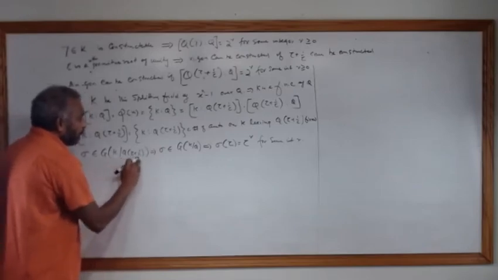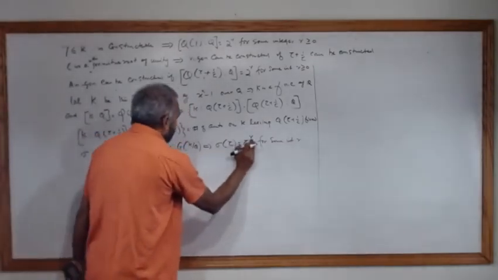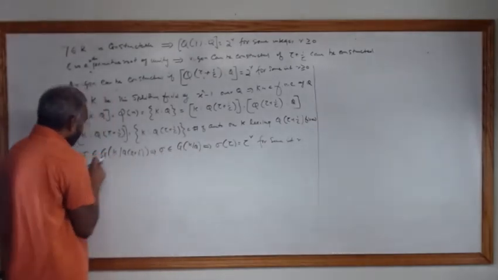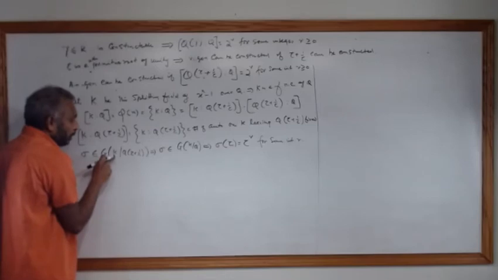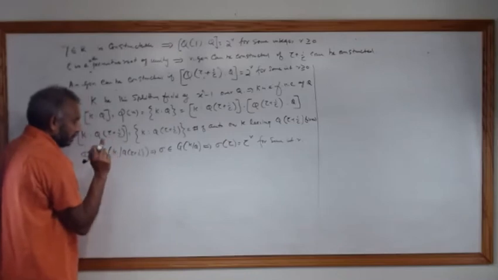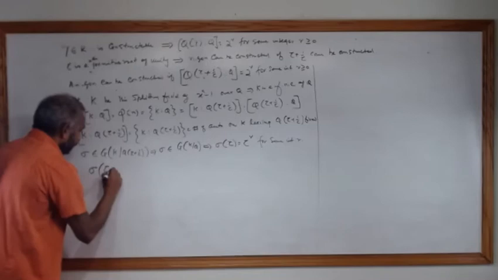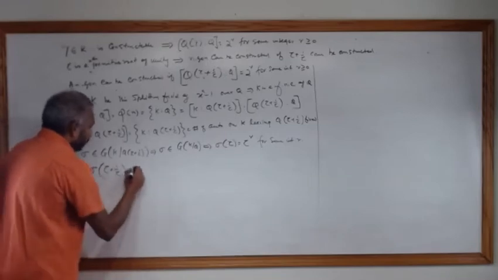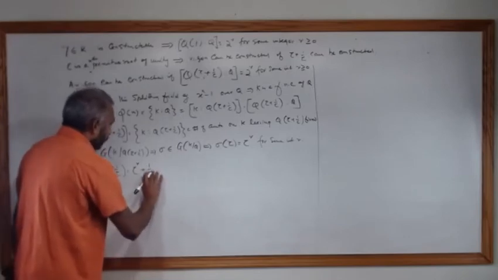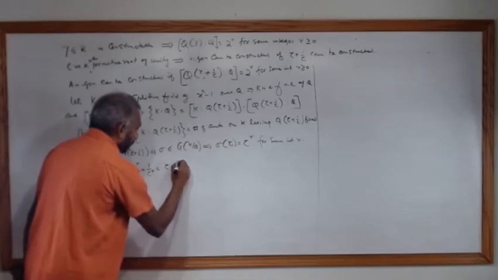So we want a condition on R such that sigma, when it takes an element from K, leaves Q of zeta plus 1 by zeta fixed. So let us compute sigma of zeta plus 1 by zeta, and that is equal to zeta to the power of R plus 1 by zeta to the power of R. We want that to be zeta plus 1 by zeta, right?